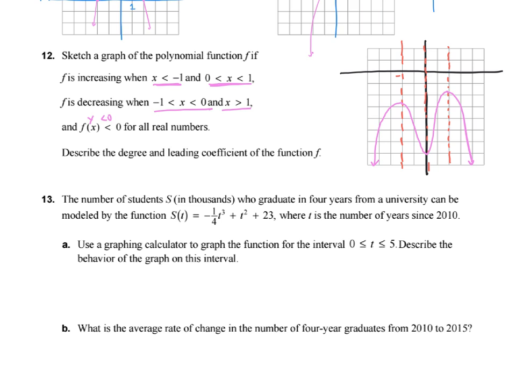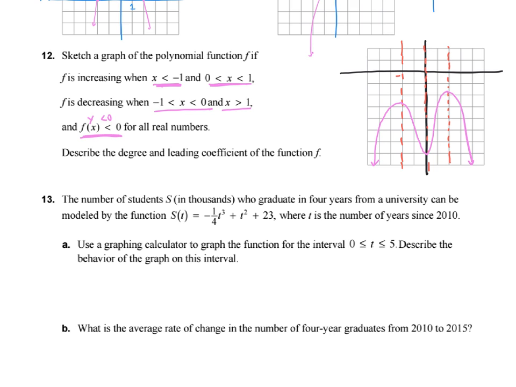Again, there's no correct answer. There's infinitely many correct answers as long as your graph is below the x-axis, because it said that f of x has to be less than 0 for all real numbers, and as long as we showed that it's increasing when x is less than -1, and between 0 and 1, decreasing between -1 and 0, and when x is greater than 1.